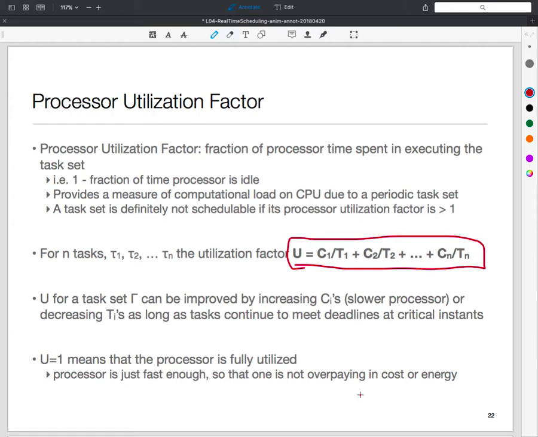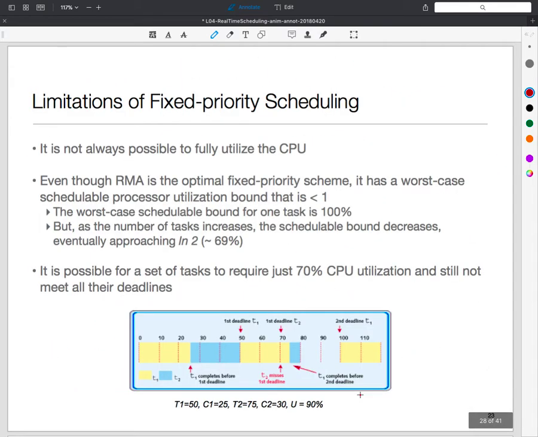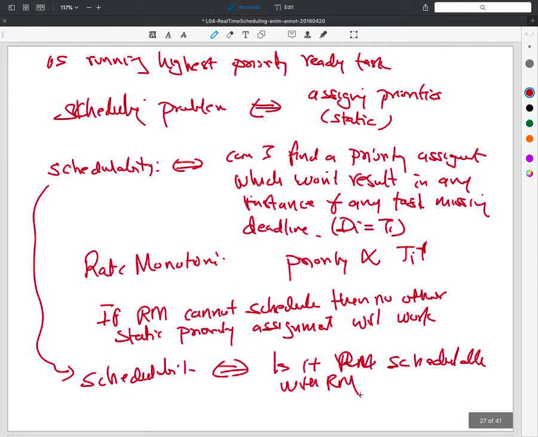So firstly, one thing that we also saw, independent of rate monotonic, was that response time is largest at critical instant.